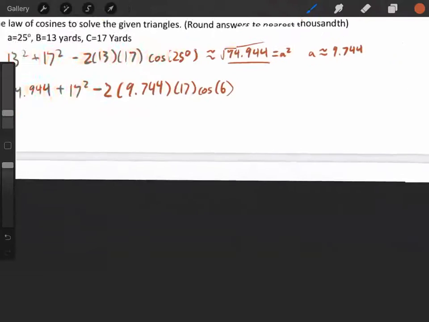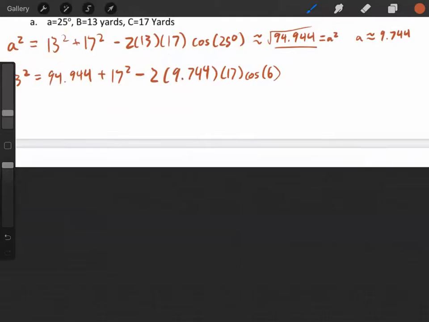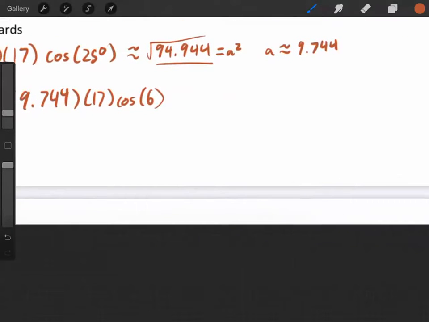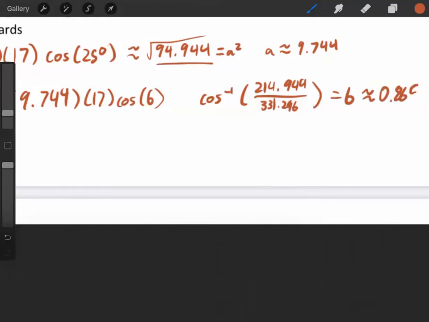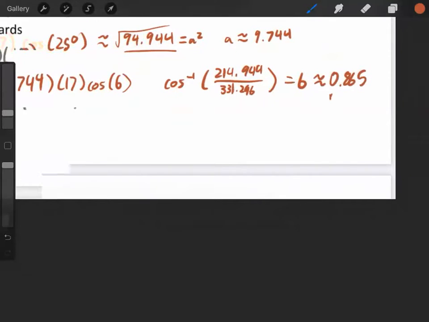And then what this simplifies to is that the cosine inverse of 214.944 over 331.296 is equal to b, which ends up being approximately 0.865 radians.